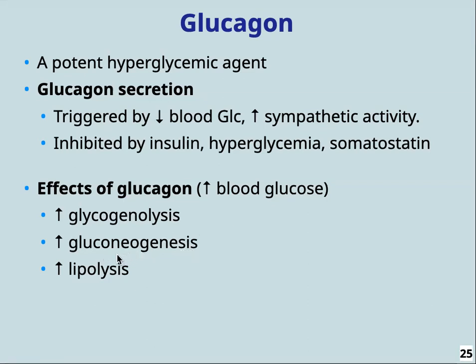Gluconeogenesis is synthesizing glucose, again helping to mobilize energy to supply your organs in that state of crisis. Lipolysis is the breaking down of fat, and utilizing fat as a form of energy also helps support your body through that crisis.